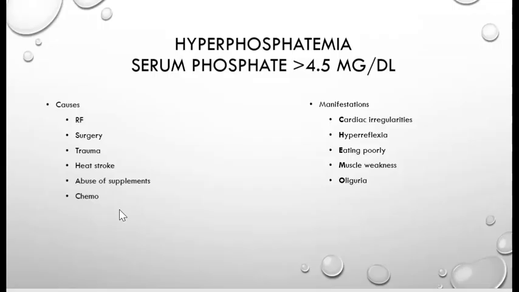Renal failure is going to be your primary cause, phosphate enemas, excessive vitamin D with impaired renal function, and then sepsis, chemo, and trauma. So the treatment for this is going to be elimination of intake of phosphate-rich foods. That's going to be your organ meat, your milk products, and then agents will be given to bind with the phosphate in the GI tract, such as calcium-containing antacids.